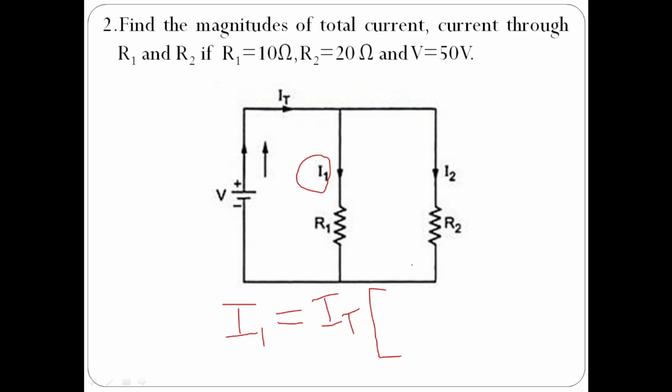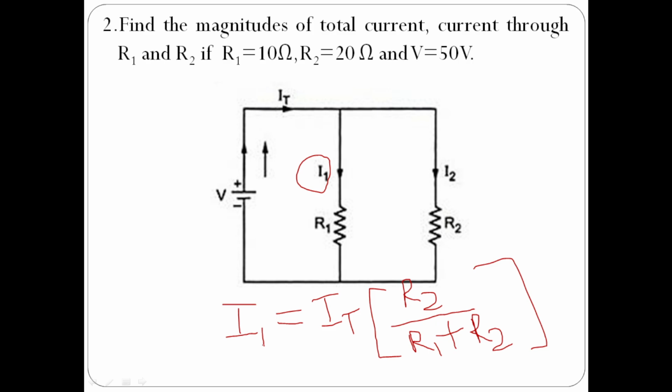So I1 is equal to I total into R2, opposite resistance, by self resistance plus opposite resistance. R1 is the self resistance, R2 is the opposite resistance. If I want to determine I1, this is the formula.